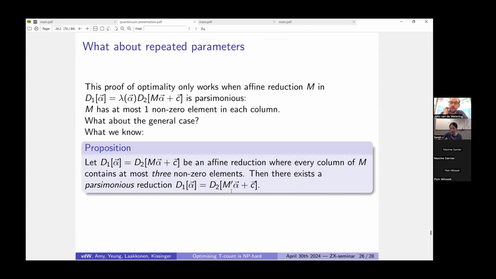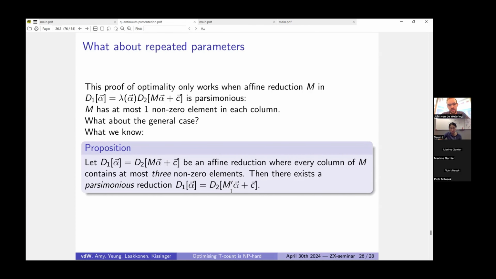So that means that if we have at most 3 copies of each parameter, we can reduce it to a different reduction where we only use it once. So this is saying that if I have a non-parsimonious reduction, every copy of alpha happens in that kind of trivial way where I can combine them together anyway.